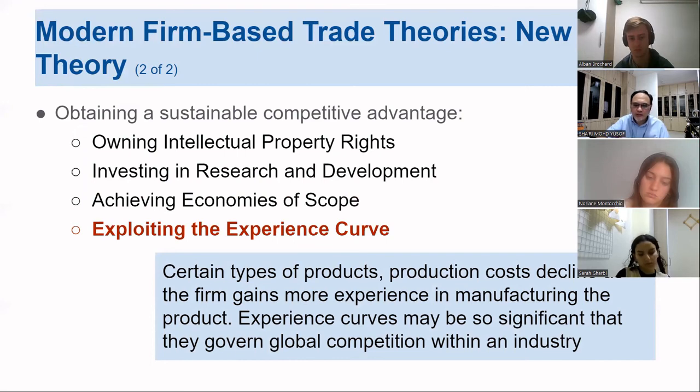That's obvious. As you acquire new knowledge and know-how, of course, you can do it faster, cheaper. You don't cut corners, you can do it faster. So experience curves may be so significant that they govern global competition within an industry.